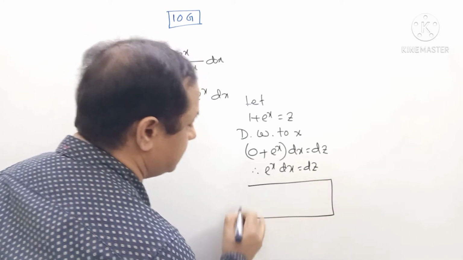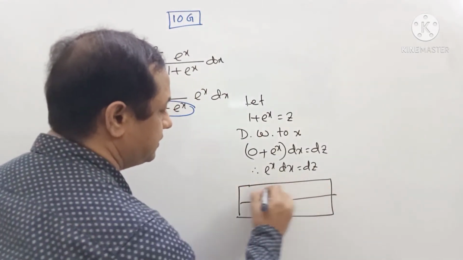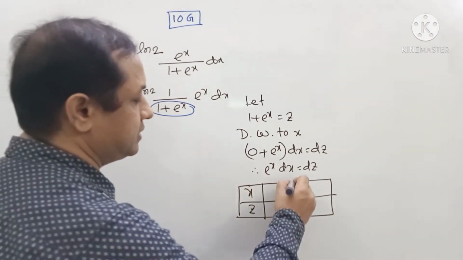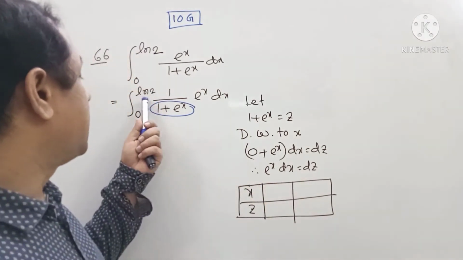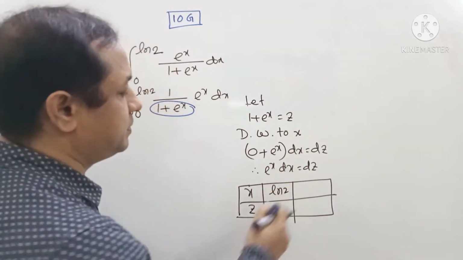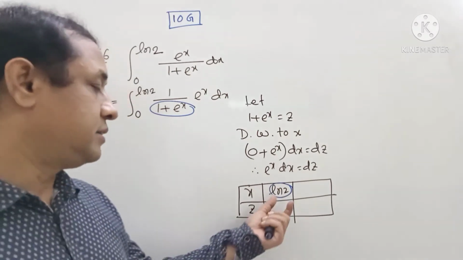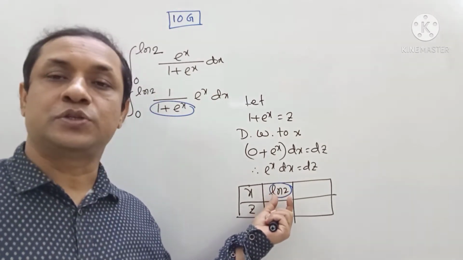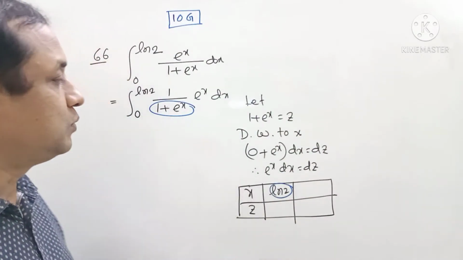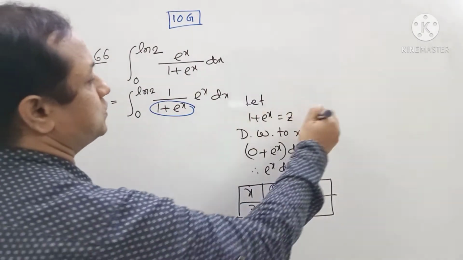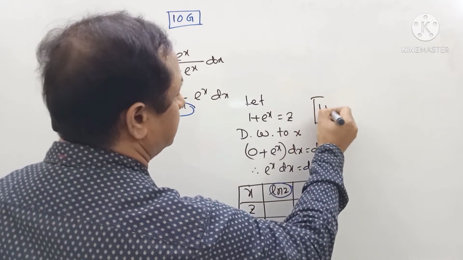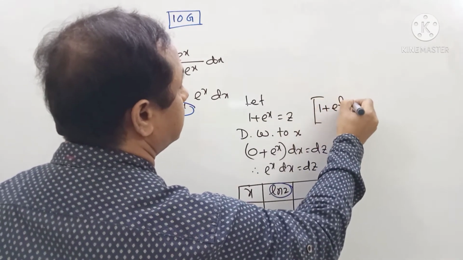Now change the limits. Find the value of z for the value of x. Here the upper limit is x equals ln 2. Student, please look at the board. If x equals ln 2, then z equals 1 plus e to the power ln 2.